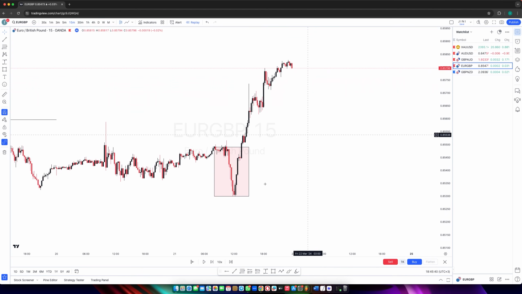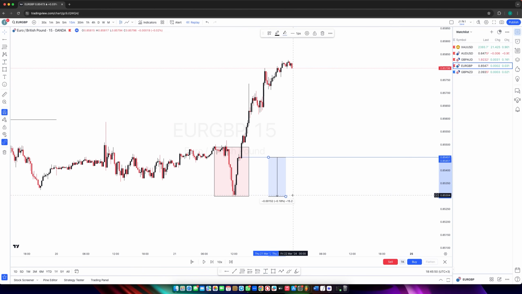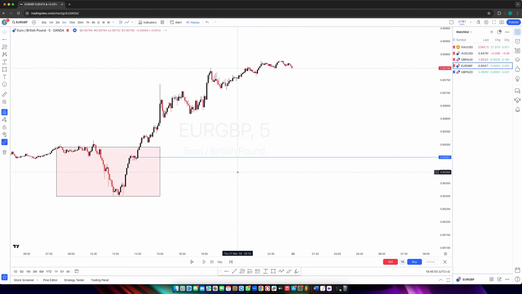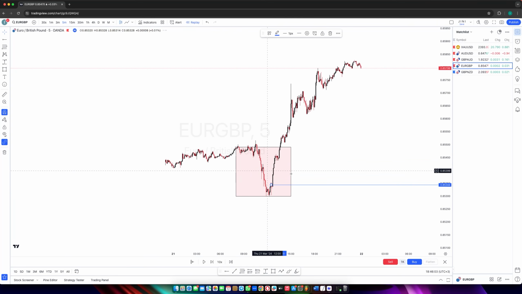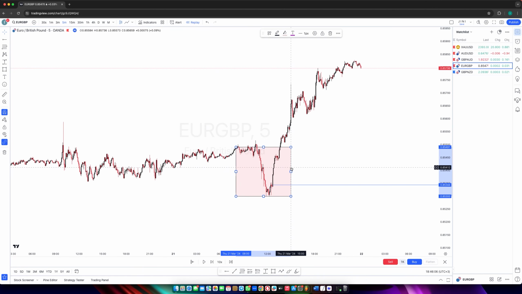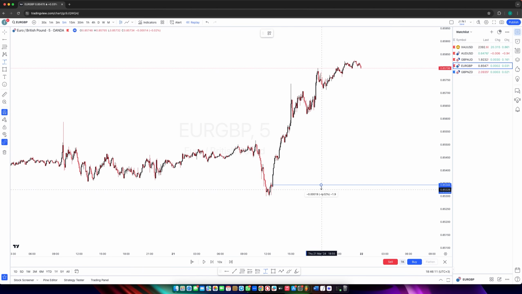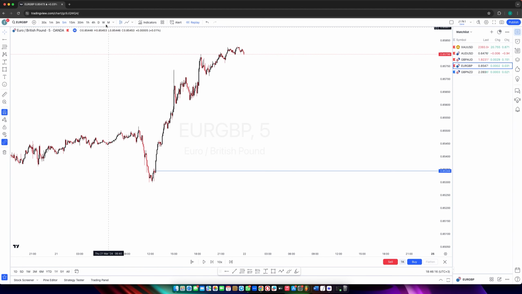Now you have this formation here, so you can use this one because the stop loss was very small, 15 pips. You can use that as the entry, but if you want to go further, maybe 5 minutes, you can use this formation here, which is not yet consumed, and that is where you can wait for the market to come, because we have only 4 pips, so we can use that as the entry.